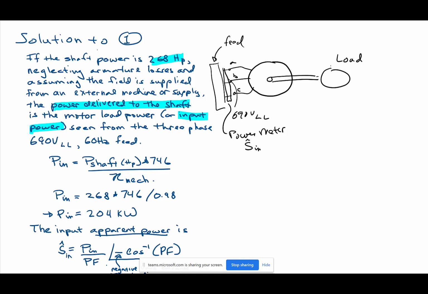And it's rotating at a mechanical speed, omega r. And we think about torque, so the applied torque is along the shaft in this direction. So there's an applied torque to the shaft that's typically called T mechanical. There are losses on the shaft.